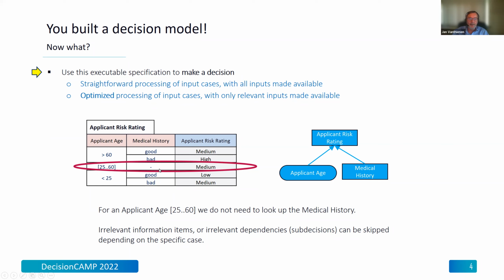It doesn't matter, a dash. Then the risk rating for this applicant is medium. If you are executing this decision model for an applicant of age 25 to 60, you don't need the medical history. You don't have to look it up. You don't have to ask it. You don't have to do a database access or whatever. You can simply skip it.